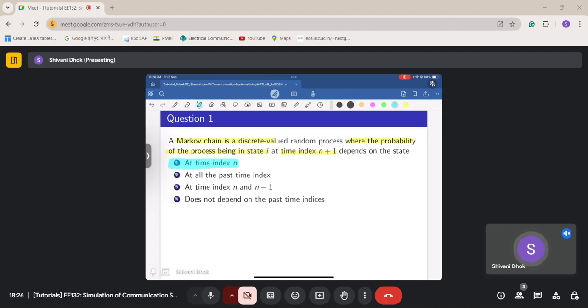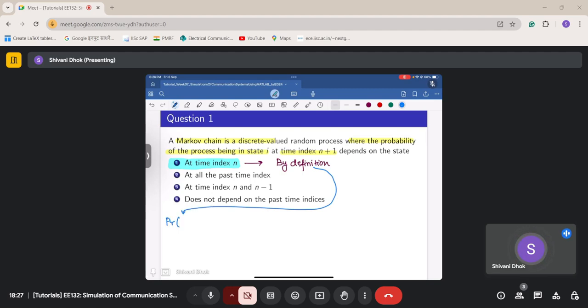We have discussed it today also at the beginning of the session. Still, I repeat it. So this is the correct option by definition. And I'll repeat the property that we discussed.